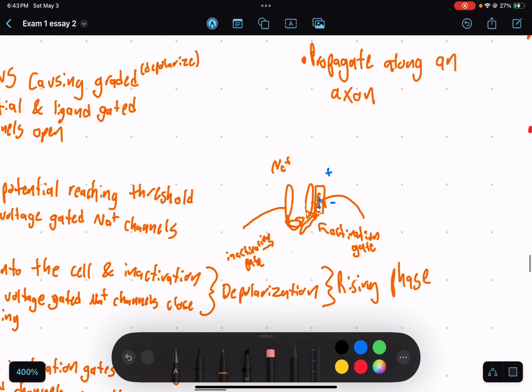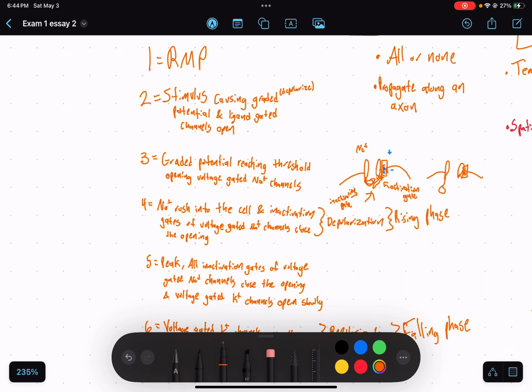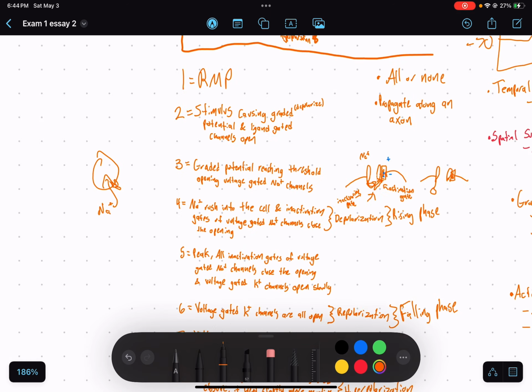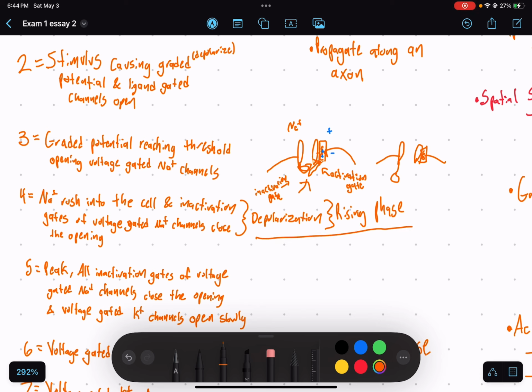But this happens throughout the cell, so you'll still have some channels open, but they're closing up. So like this one hasn't quite reached that yet, but the majority of them are closing up. And then once you reach the top, this peak here, and this depolarization is also known as your rising phase.